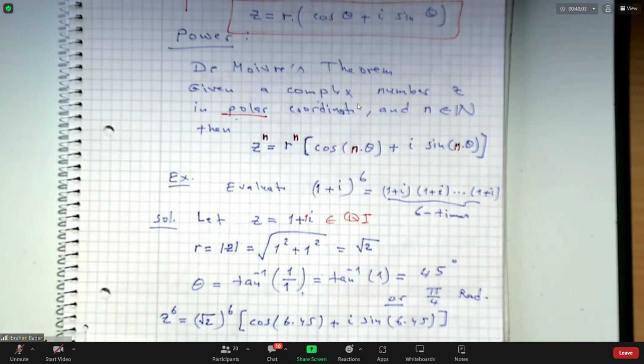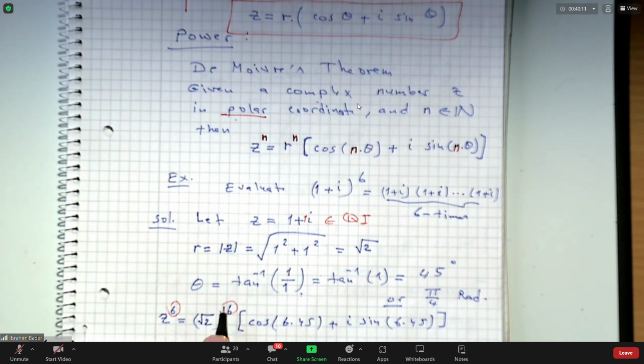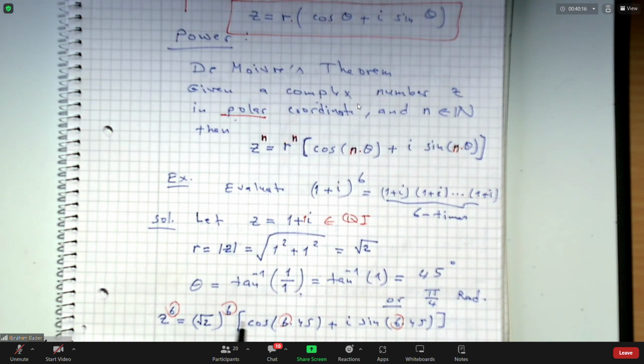I just plugged in the values in de Moivre's rule. So this is my n, I multiply it with the degree, and here I just raise r to the power. Is it clear, this step?